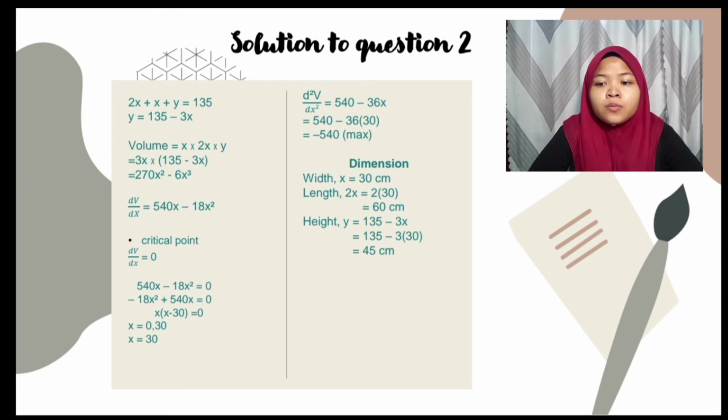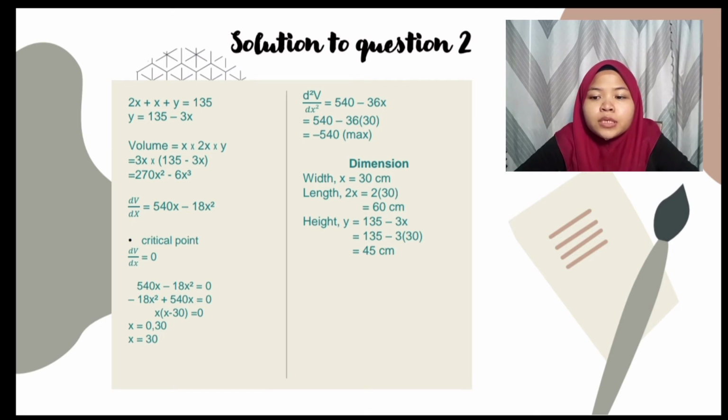So we will get d squared V per dx squared equal to 540 minus 36x, and substitute the value of x, 30, and we will get 540 minus 36 times 30, and the final answer we will get is negative 540. When we get a negative number, it determines the maximum.